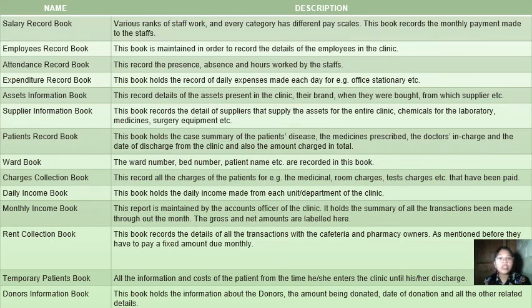The specifics of all transactions with the restaurant and pharmacy proprietors are recorded in the rent collection book. As previously stated, they must pay a monthly fixed amount. The due date, the rent amount, and all other relevant information can be found here.